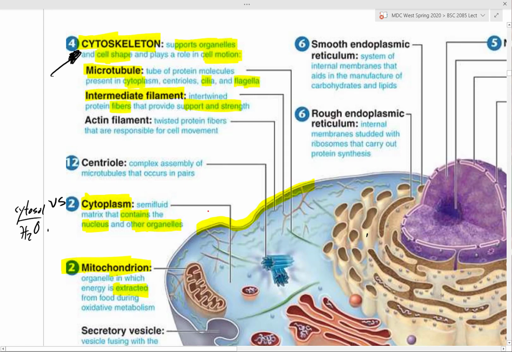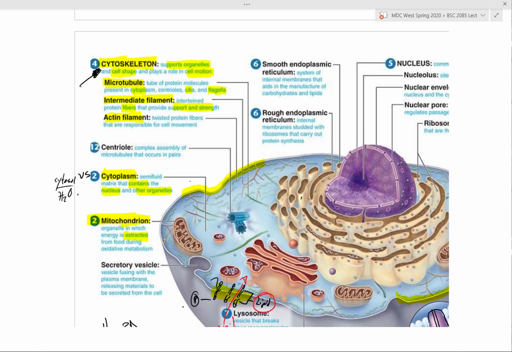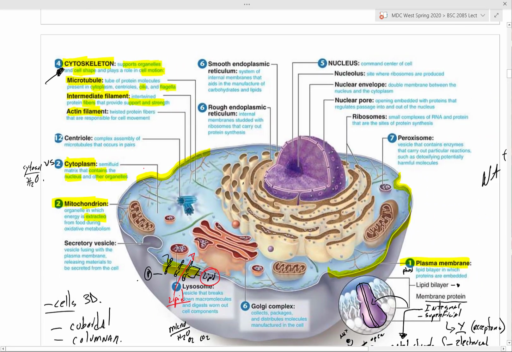What makes that structure harden, or the muscle get hard. So actin filaments is the other one, and we're going to see this on muscle interactions. You're going to have actin and myosin filaments, and they allow for the muscles to do what? Contract and relax. That's pretty much what they do. So those are structures of the cytoskeleton and function of it.